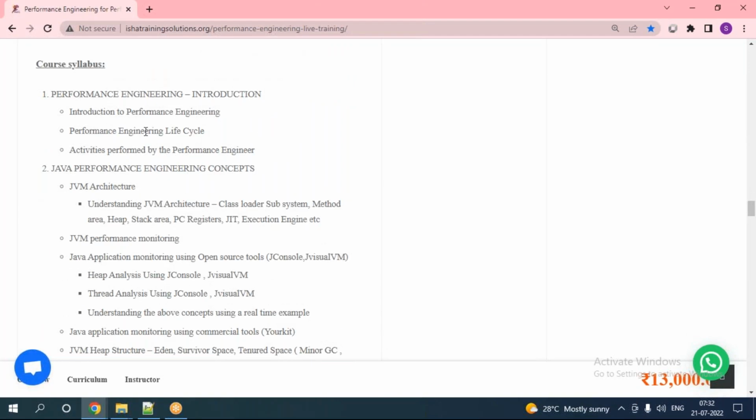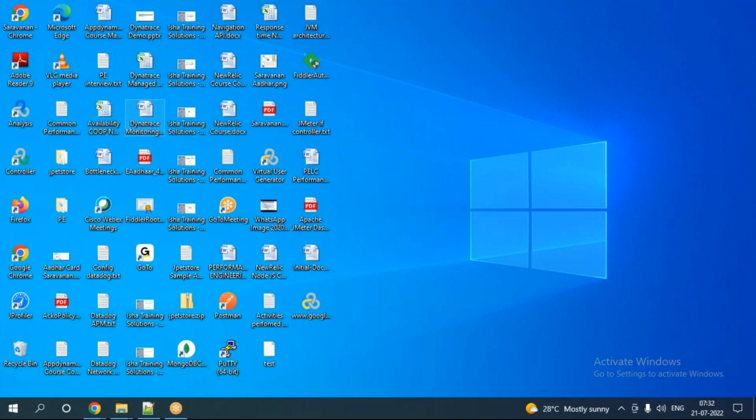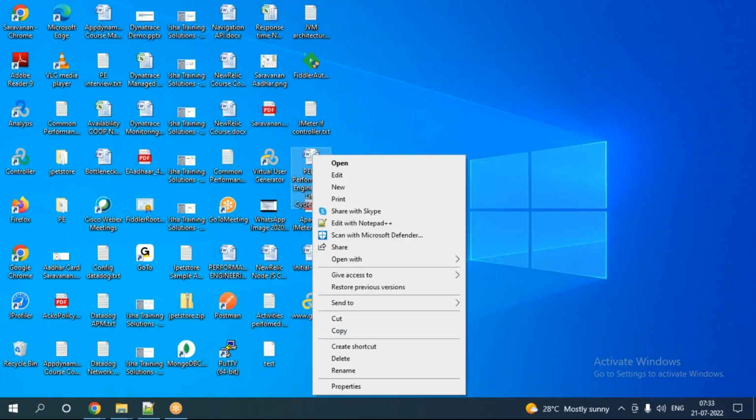So, the performance engineering life cycle that we are learning now. Yesterday we started a few life cycle activities. I mean, requirement gathering: what developers are doing, and what performance engineers are doing.